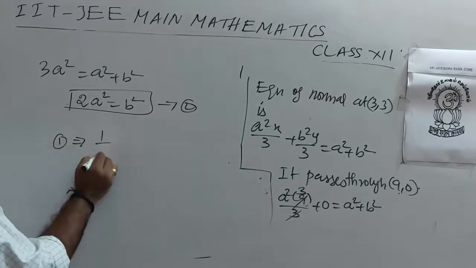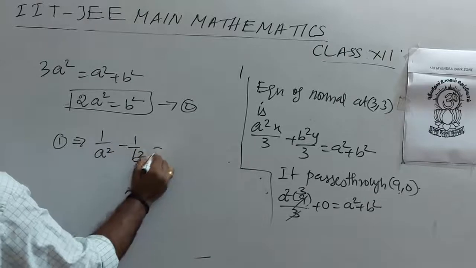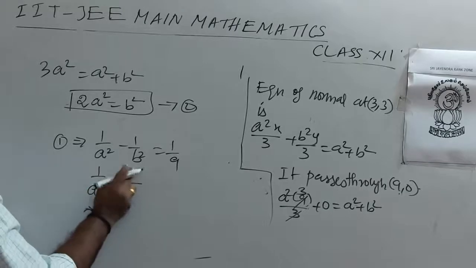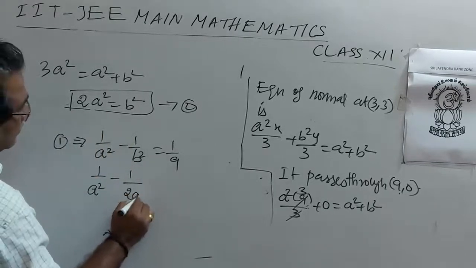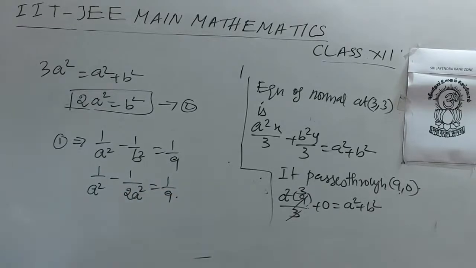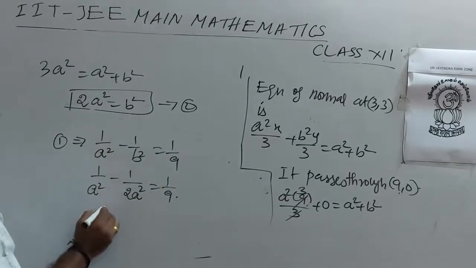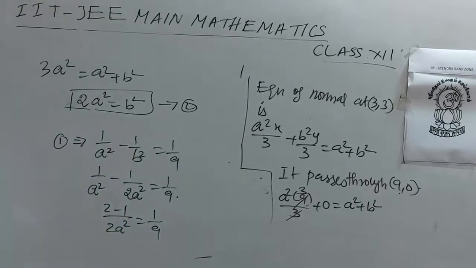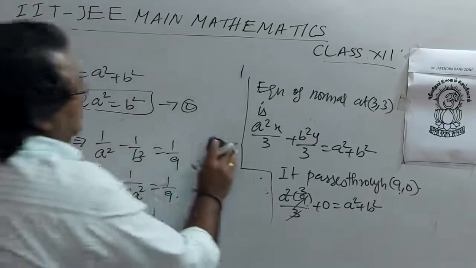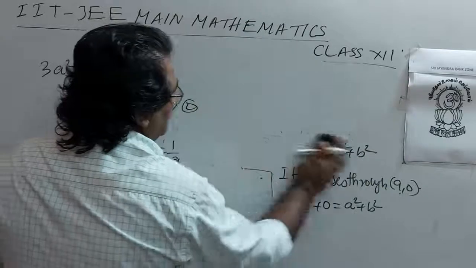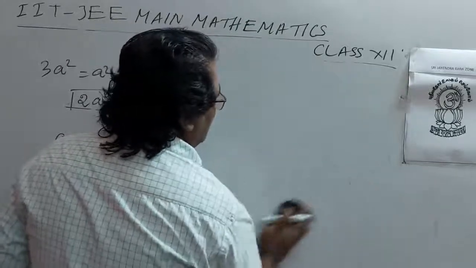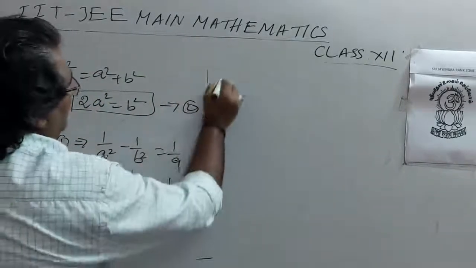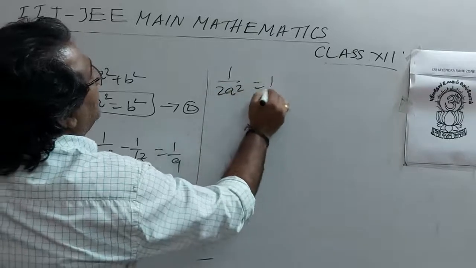Equation 1 implies 1 by a squared minus 1 by b squared equal to 1 by 9. In place of b squared you can write 2a squared. So 1 by a squared minus 1 by 2a squared equal to 1 by 9. So 2 minus 1 by 2a squared equal to 1 by 9, which gives 1 by 2a squared equal to 1 by 9.